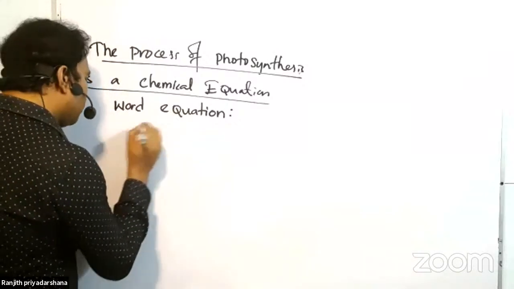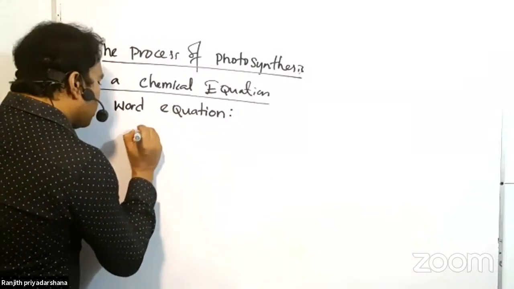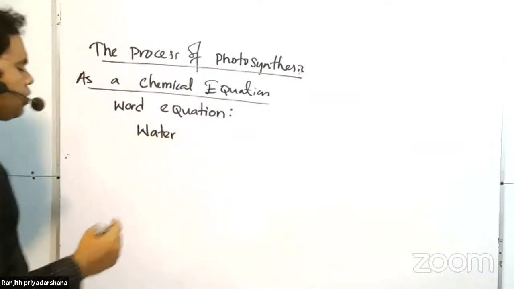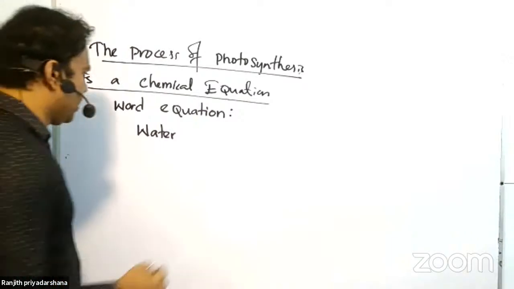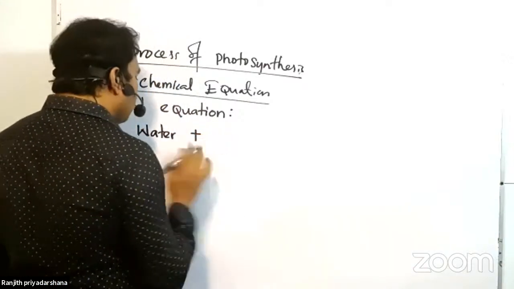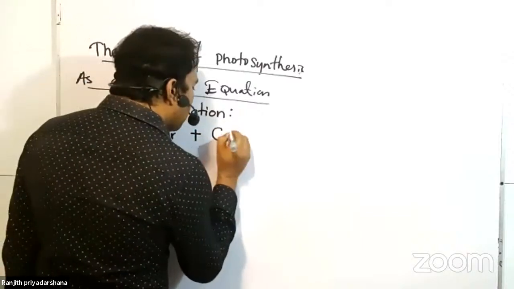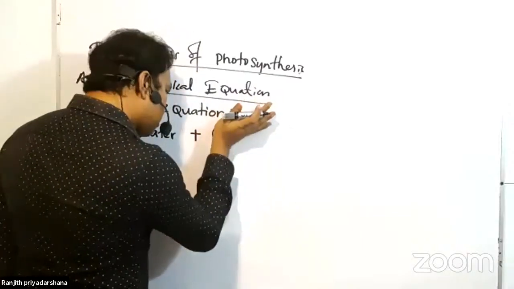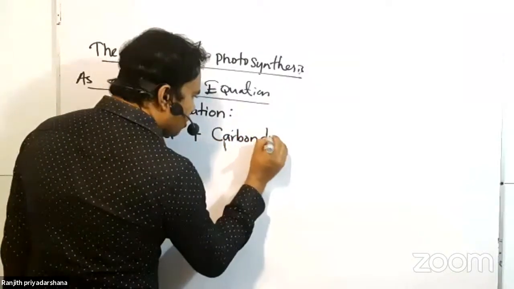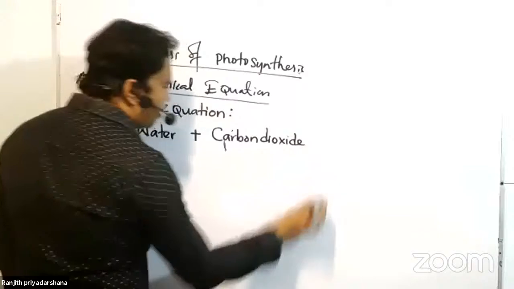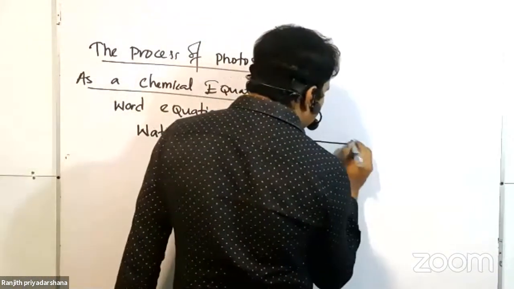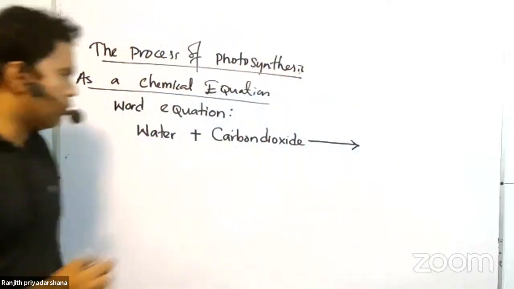So you write water, absorbed by the root hairs from the soil. Next, water reacts with carbon dioxide.